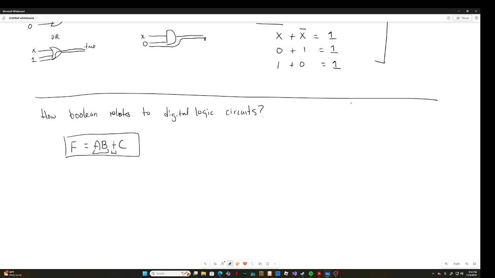So if we try to draw or implement that, then we have A, B, and then we have an OR gate, and this one is fed into this OR gate, and this one is C. And then at the end, the final value is F.